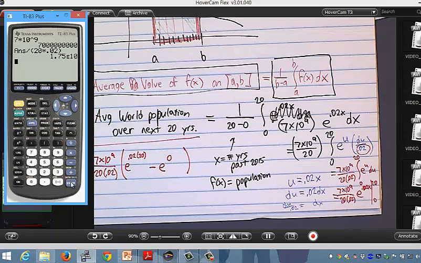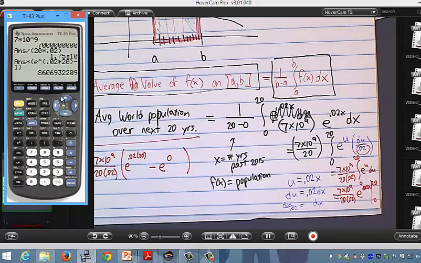Oh, that's huge. Exponential notation at this point. And then we take that mess and we multiply by this subtraction. So I need e to the 0.02 times 20, close parentheses, minus, well, e to the 0 is just 1. Enter.